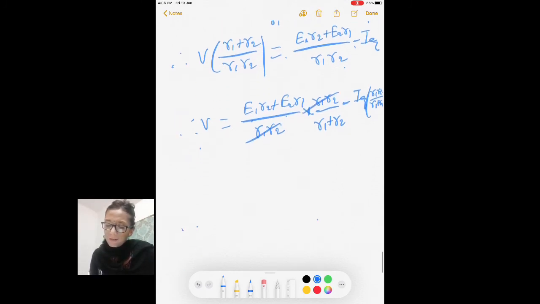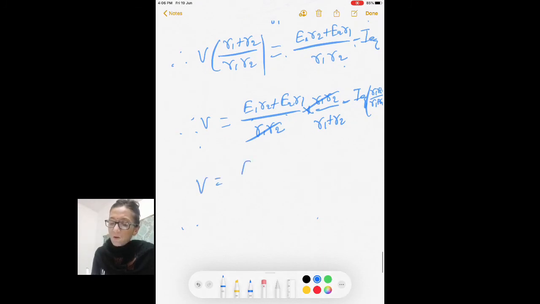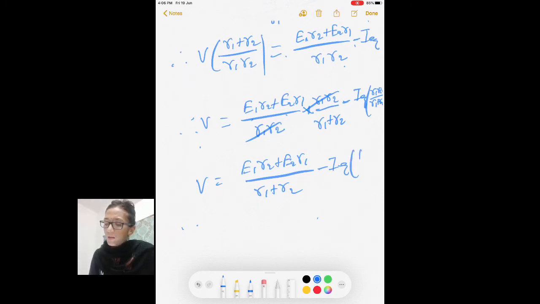So let me cancel, and V is equal to E1 R2 plus E2 R1 upon R1 plus R2 minus I equivalent into 1 by R1 R2 divided by R1 plus R2.